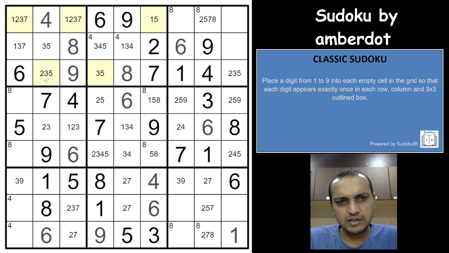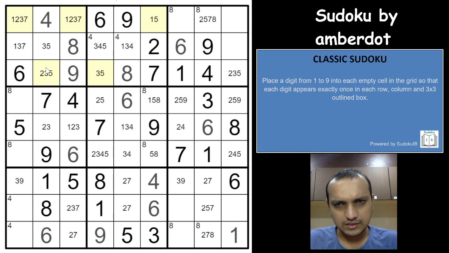So we can eliminate 3 from this cell. That would have to be 2, 5, no, nothing. 2, 3, 2, 4. I was searching for an XY chain actually, but not 3 and 4. No, I don't find any XY for now.